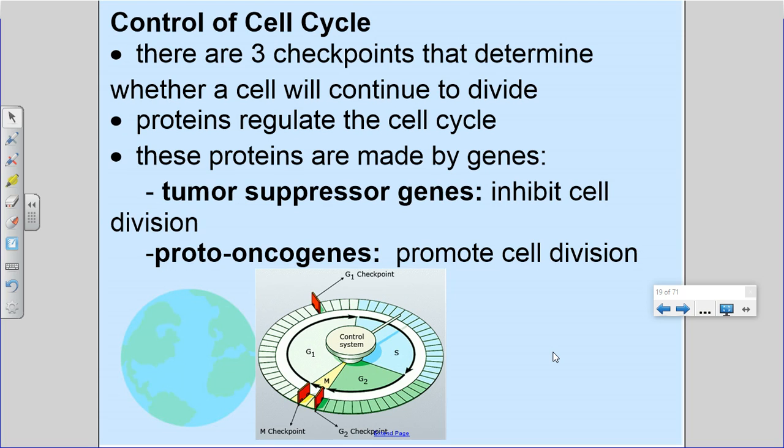You may have heard of the word oncologist or oncology, and that refers to a doctor or the study of cancer. Proto-oncogenes, these are the genes that everybody has that, if they are mutated, can lead to cancer. By the way, mutated tumor suppressor genes can also lead to cancer.